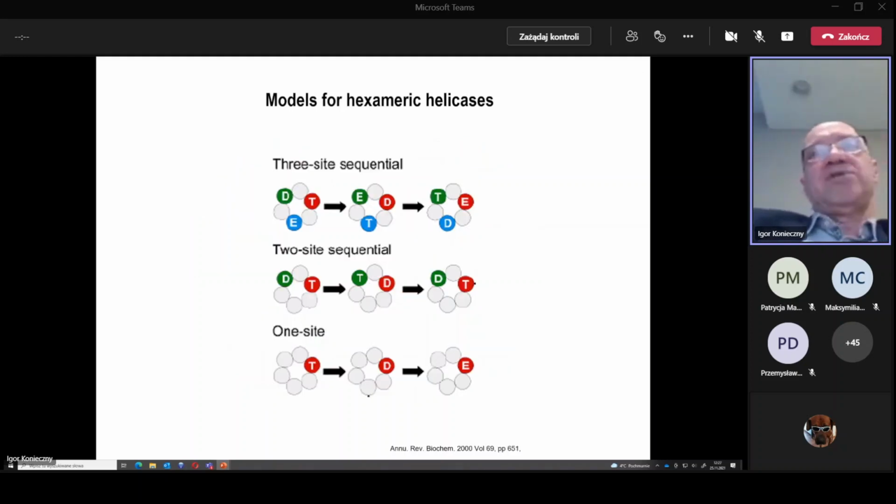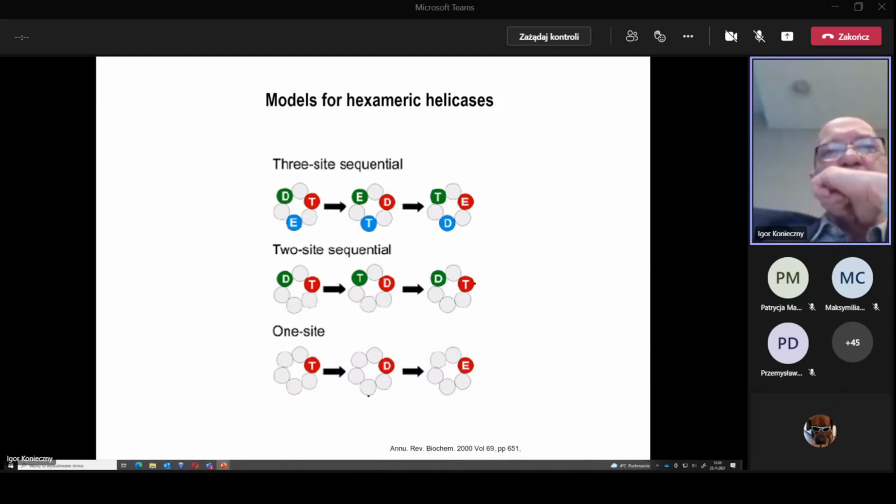So what is the current model? The current model says that there is a sequential change of interaction with nucleotides of particular subunits within the multimeric structure of a helicase.